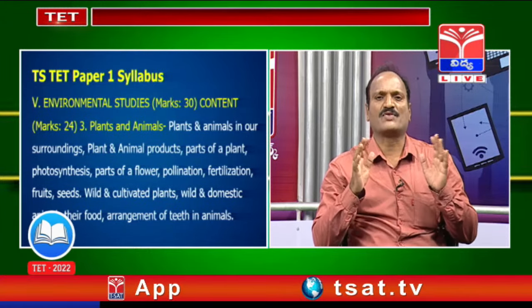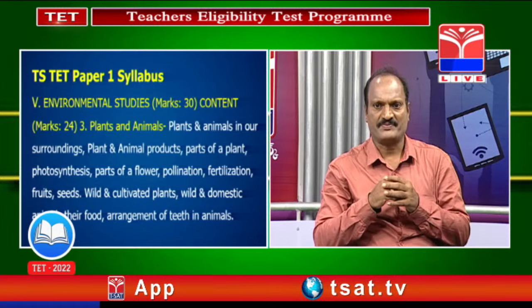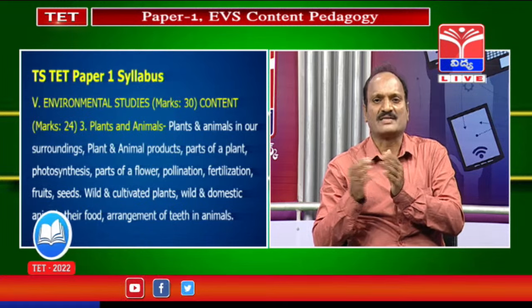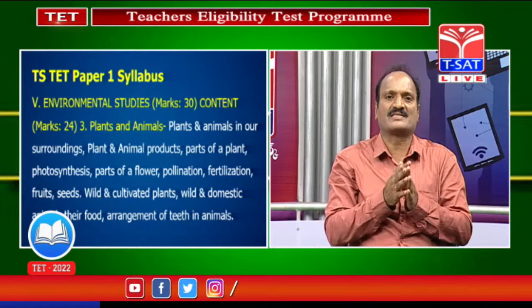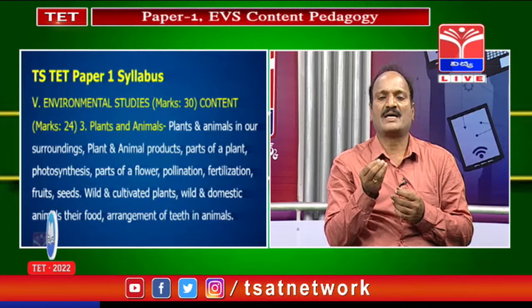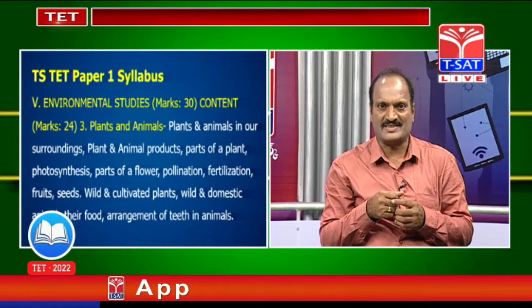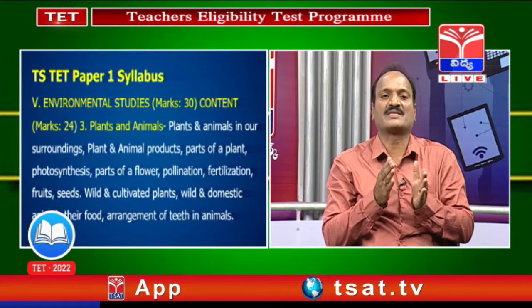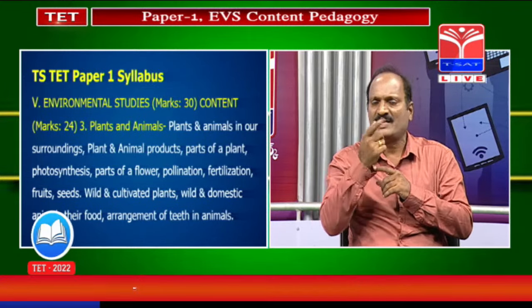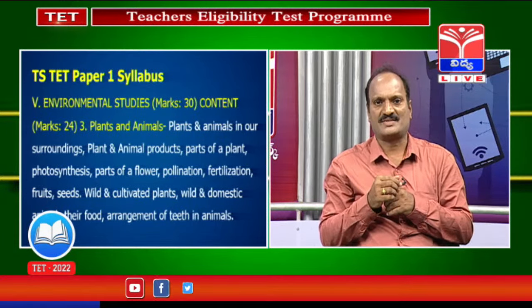So, we deal with a vast topic here, particularly from 3rd to 5th, and sir just stated 6th and 7th class also: parts of the plant, and how plants prepare food materials. It starts from 6th class up to 10th class. Nutrition in plants is one topic in 10th class, as you are aware, photosynthesis.